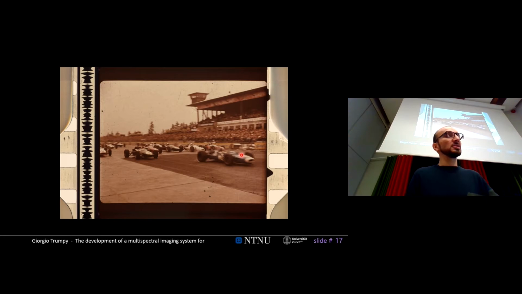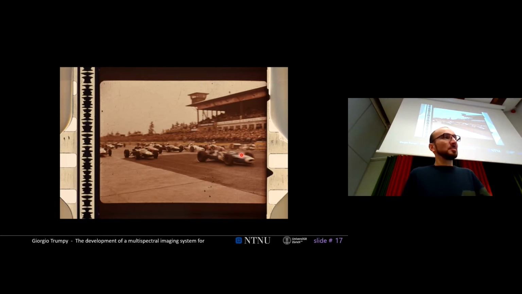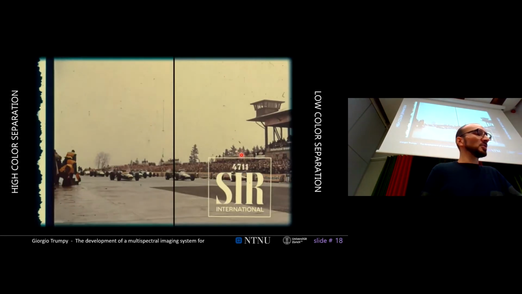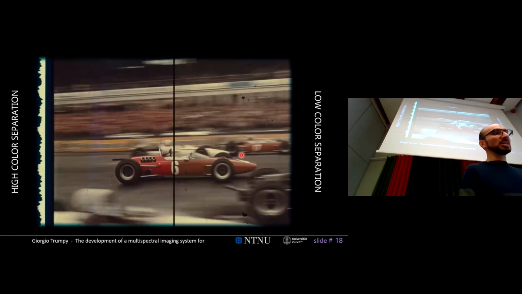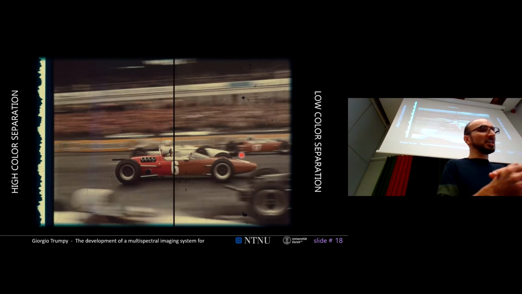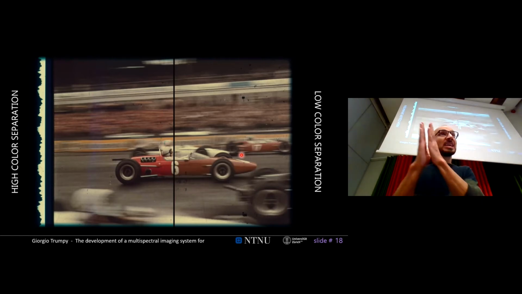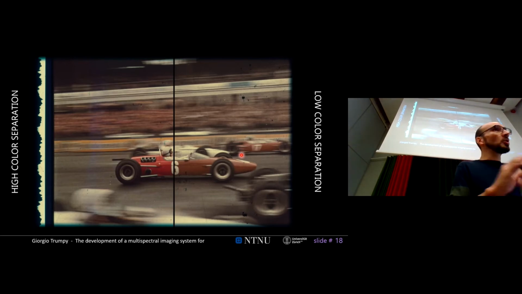If you want to restore the color of this image, the starting point is very important, and the starting point is also determined by the spectral bands of your RGB imaging system. If you have low color separation, meaning that you have overlaps between R, G and B sensitivities, you get out less color than if you have very selective R, G and B with narrow spectral bands and no overlap.